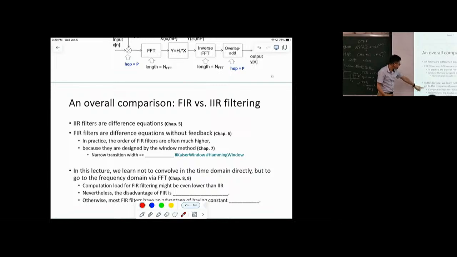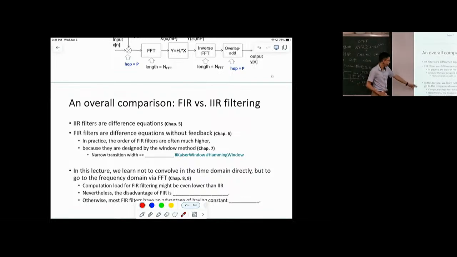It enables us to accelerate FIR filtering, even though it looks strange that by doing convolution, we need to go to the frequency domain. It seems like a detour. Convolution is an operation in the time domain by definition. But it turns out that thanks to FFT, we can go to the frequency domain and come back, and it is still faster. That's the beauty of this acceleration process that I want you to understand.